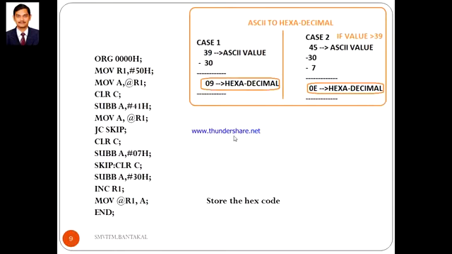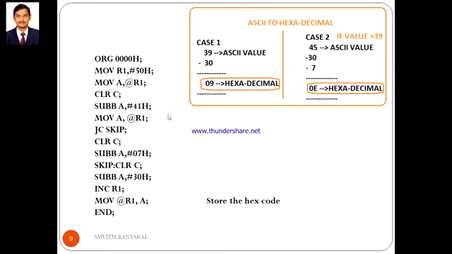Let's move to the next, the reverse process, ASCII to hexadecimal. By taking any example, we can validate this program. Let's take a simple example, case 1. If the data is 39, stored in the 50H location and retrieved from the 50H location, the accumulator content is 39, assuming, and we are checking whether the given data is less than 41H.